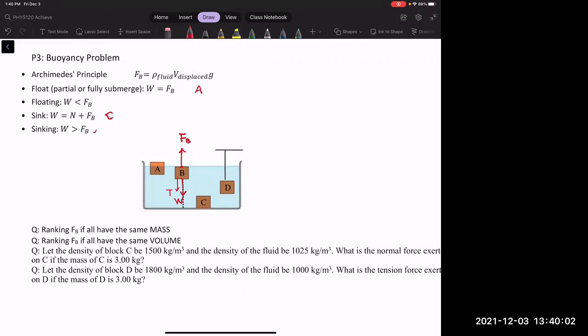Now, if you look at D, what we know about weight is the weight always goes downwards. So this is the weight. And our buoyancy force always goes upwards. What about the string? Well, in this case, the string is tied on the top and goes away from the object, so this one goes away.